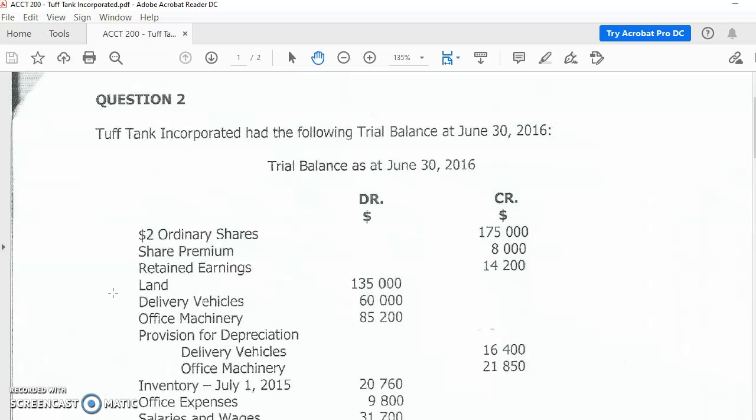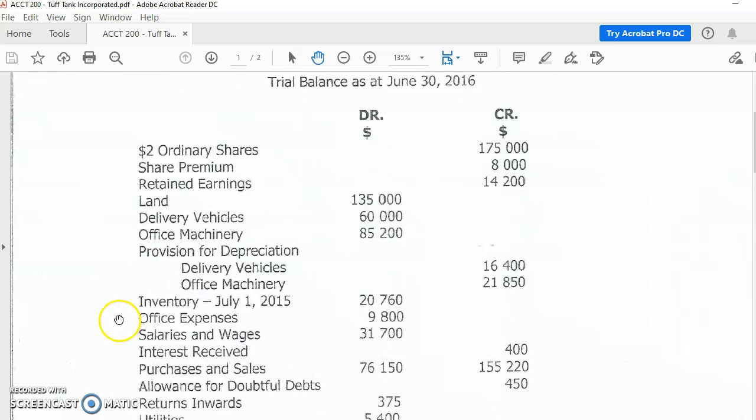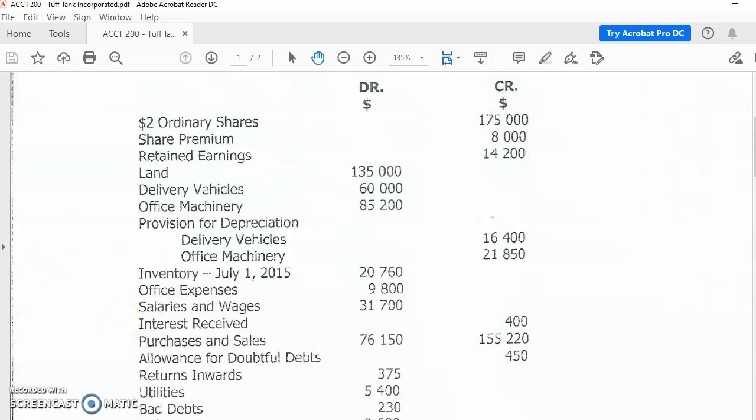And you have ordinary shares. The par value of our ordinary shares is $2. We have our share premium, retained earnings. This is a profit. We have land, delivery vehicles, office machinery. So you have some depreciation that has accumulated on the delivery vehicles and the office machinery.